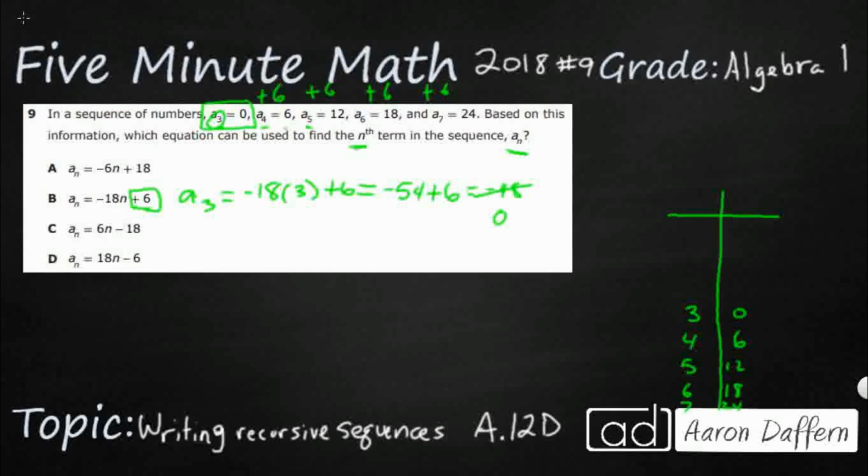If we were to graph this, and let's just arbitrarily say those are my x values, those are my y values, well, look what I would get. I would get an x-intercept right there, 3, 0. 4, 6 might be kind of like this. 5, 12 might be kind of like this, and so on and so forth.